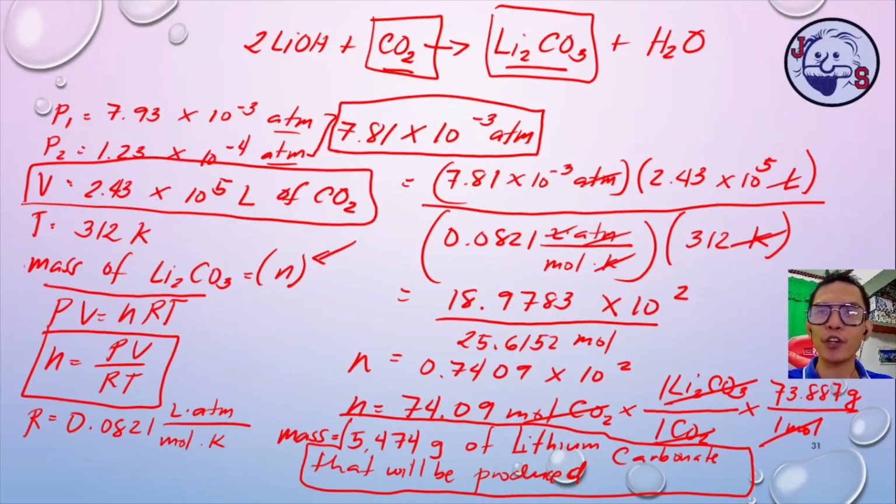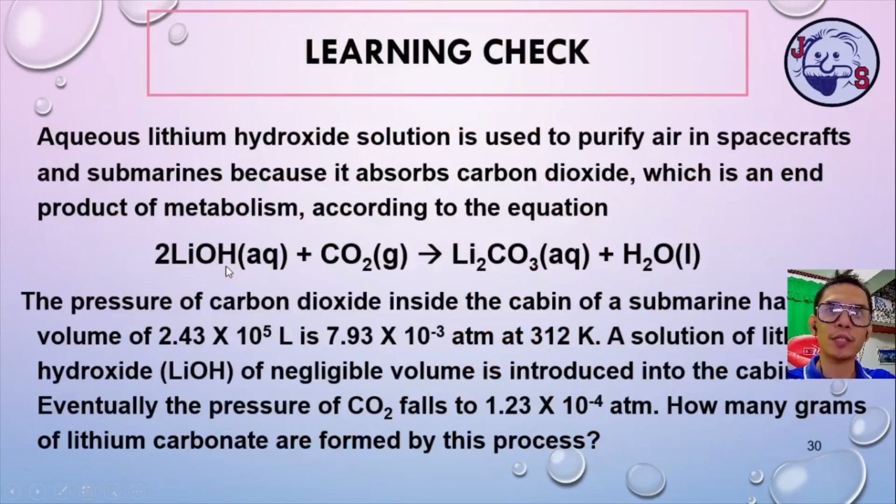Again, before you solve this kind of problem, first balance the equation. After you balance the equation, that's the time you perform all your calculations regarding your ideal gas law.